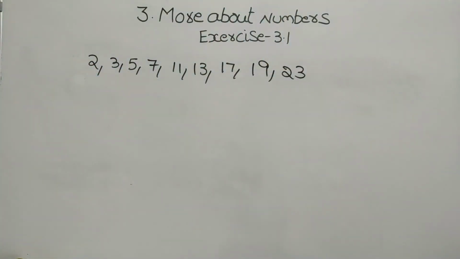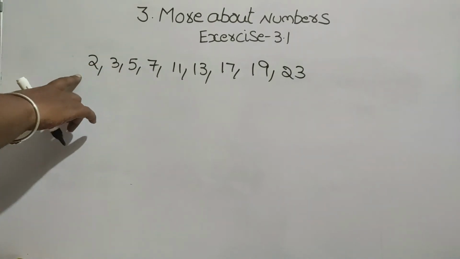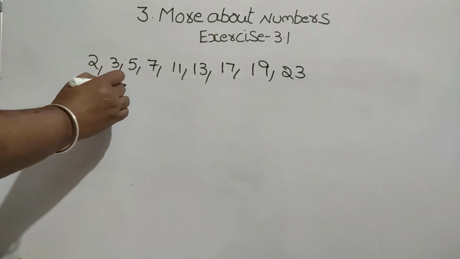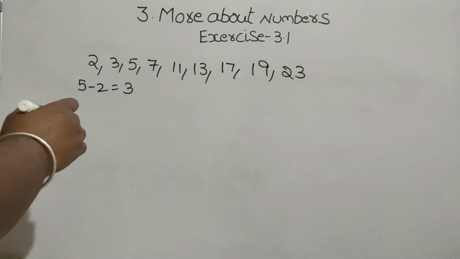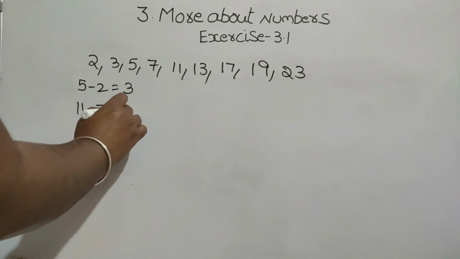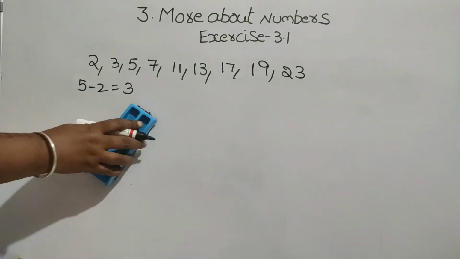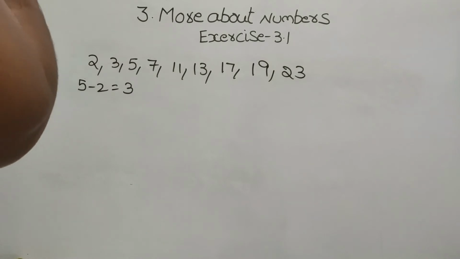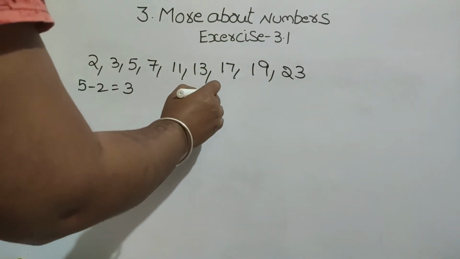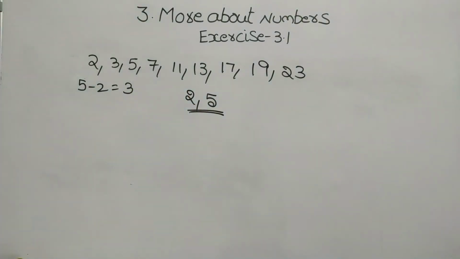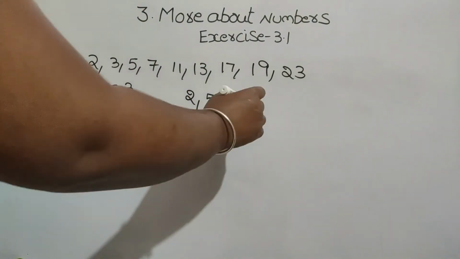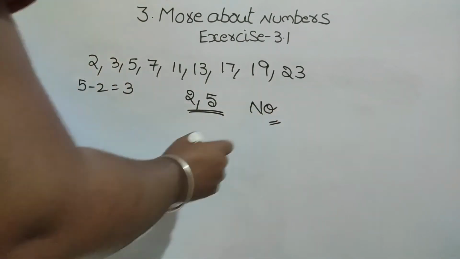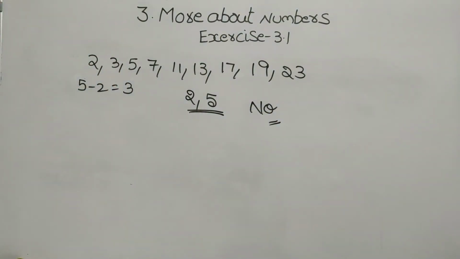When we see here, 5 minus 2, the difference is 3. 11 minus 7 is 4. So this will not be valid. 17 minus 13 is 4. 19 minus 17 is 2. So 2 and 5 are the numbers where we have a difference of 3 between the two prime numbers. There is no other pair like this. The answer for the second part here is no.